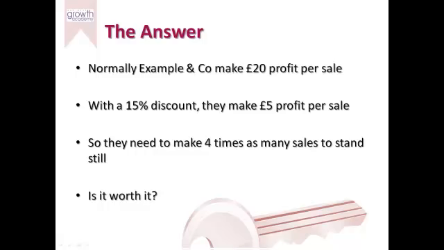With a 15% discount, they make 5% profit per sale. Remember, a discount goes straight off the profit level because you've already absorbed all your other costs. So essentially, the real price is £85 minus the £80 it costs to produce it and sell it and all the rest of it, so they only make £5 per sale, not 20.